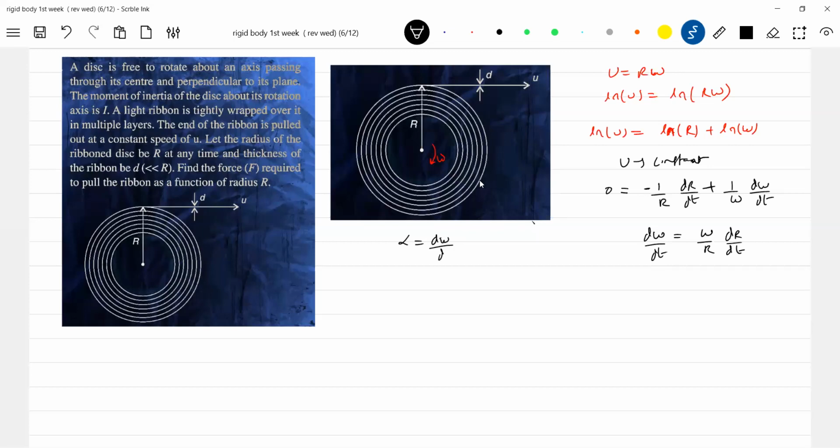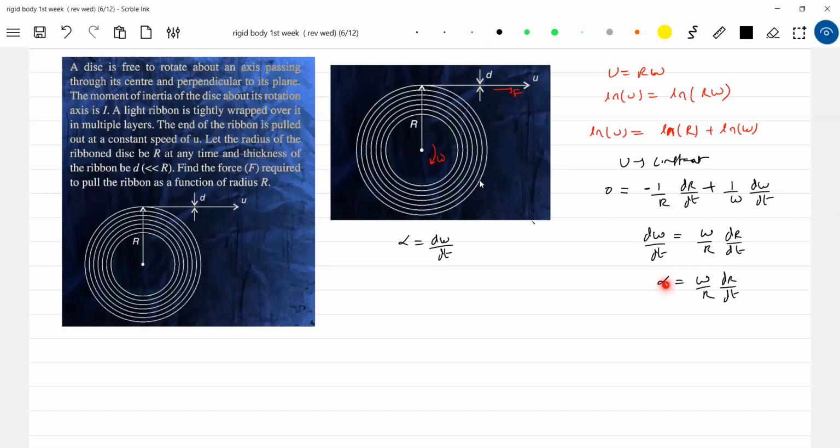Just analyze the term. What was the question? He asked us the force. So how to bring in that force? Say I'll be applying some force here, so that F into R will become the torque.